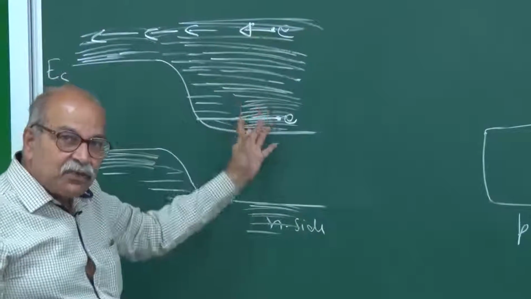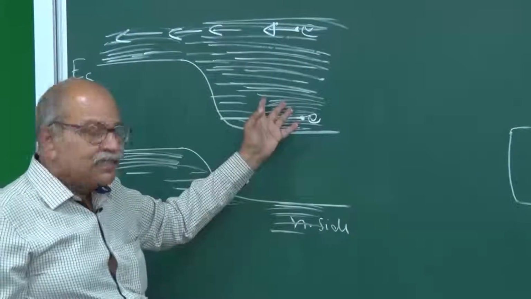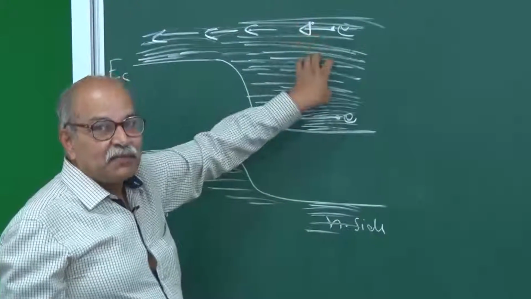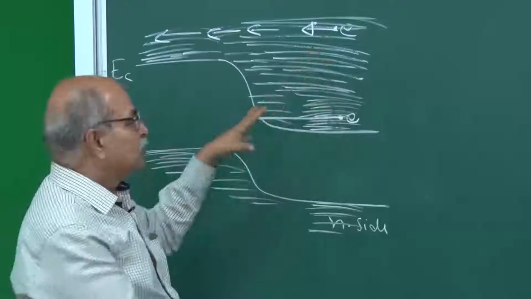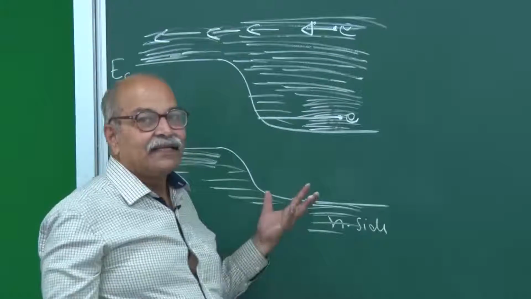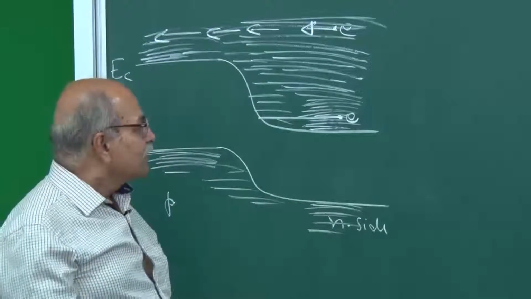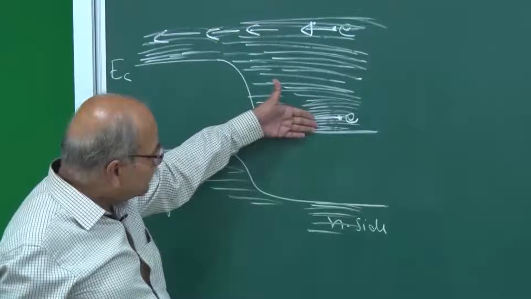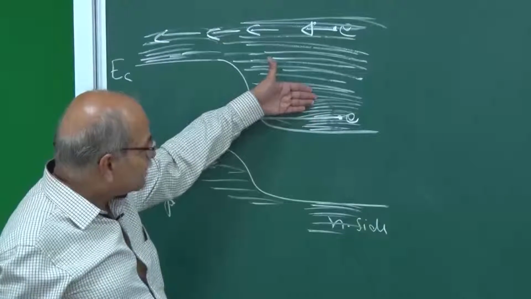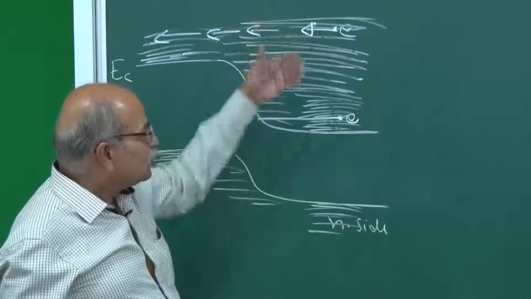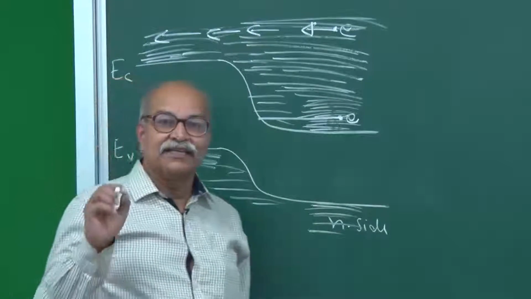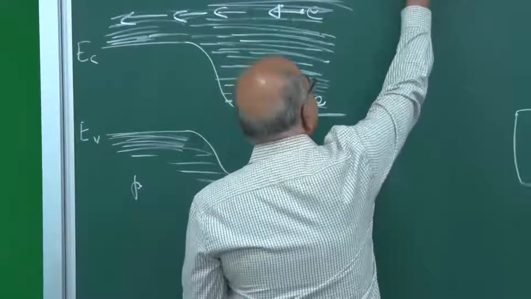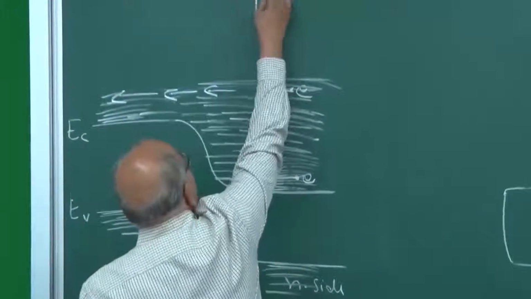That distribution of electrons in different quantum states of different energies is very important if you want to calculate the currents and anything. To get that distribution, you need a very important concept, a parameter known as Fermi energy.